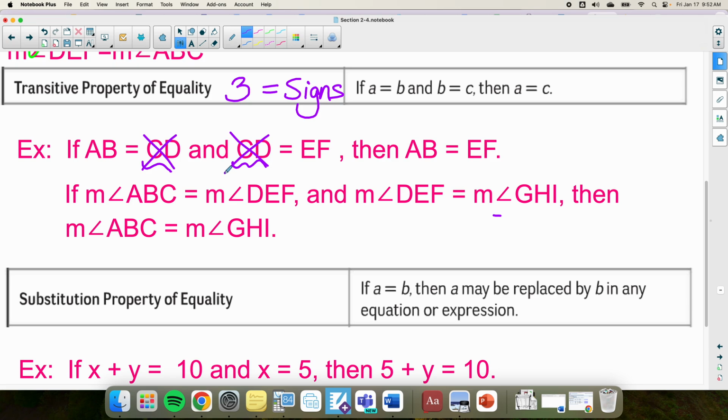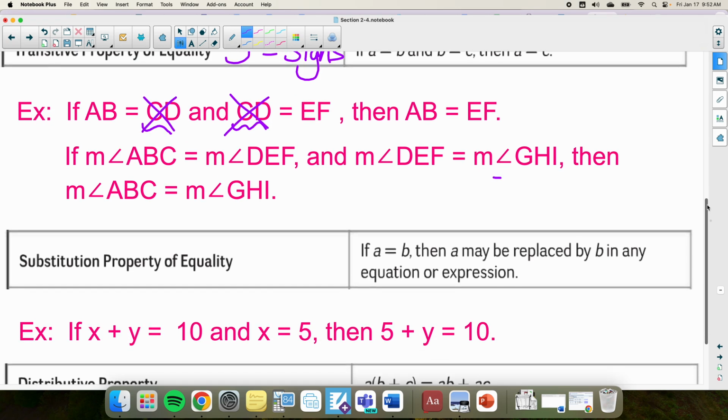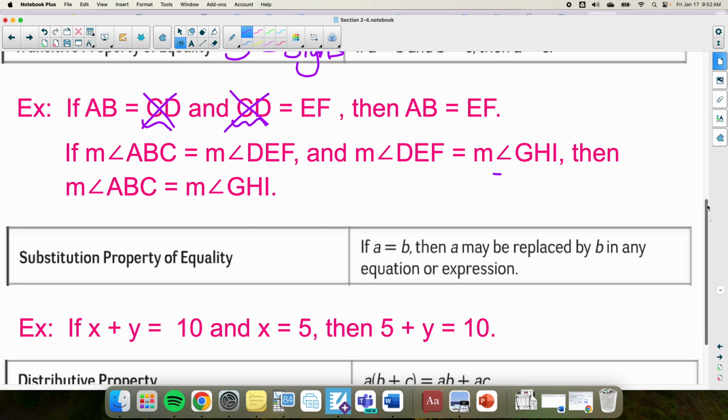Do you remember yesterday we crossed out some stuff? Do you remember what law that was? Was it detachment or syllogism? Syllogism, it was. So this is similar to that, where the ending of one and the beginning of the other have to be the same, and we cross those out. Same thing if you have angle measures. Notice we have three equal signs, and the ending of this and the beginning of that are the same, so we cross those out, and the outside two are equal.